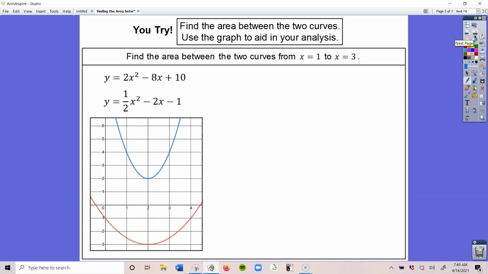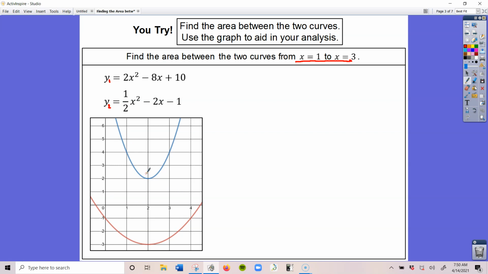Let's look at another example. We want to find the area between the two curves from x is equal to 1 to x is equal to 3. Now here you are given your limits of integration simply because these two functions do not intersect. Now I'm going to call this y1 and this y2 so I can label which one is which.